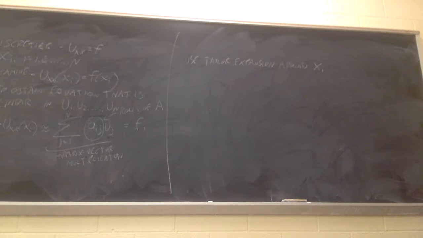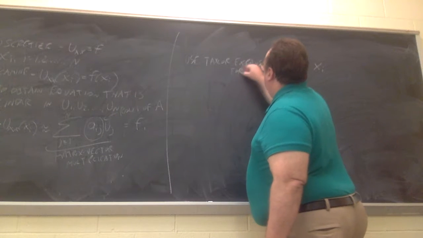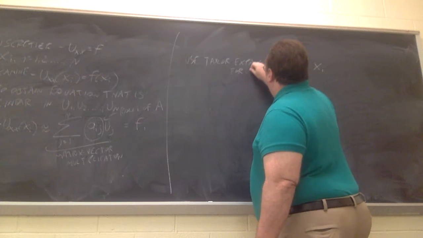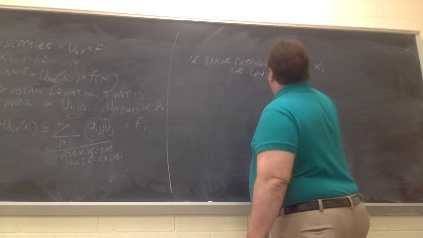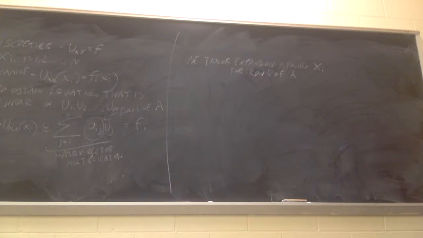The reason I chose xi is because we're evaluating a derivative at xi. So in order to get the coefficients that we need in row i of our matrix, we need to do a Taylor expansion around that point. So what would that mean?